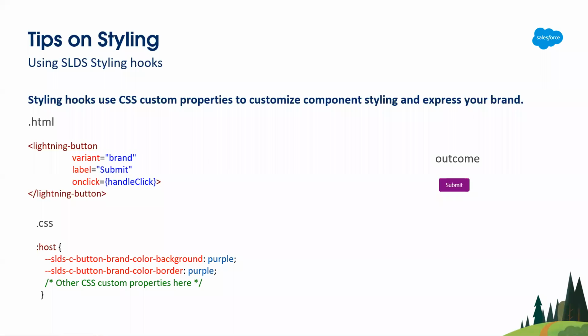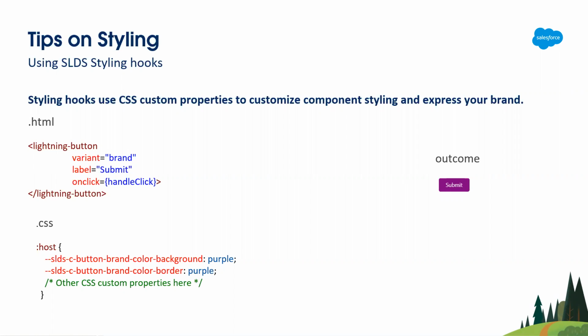So we can brand our LWC button, let's say lightning button, with the use of styling hooks. Styling hooks use CSS custom properties to customize component styling and express our brand. Here in this example, you can see how a button can be styled and displayed in the color purple.